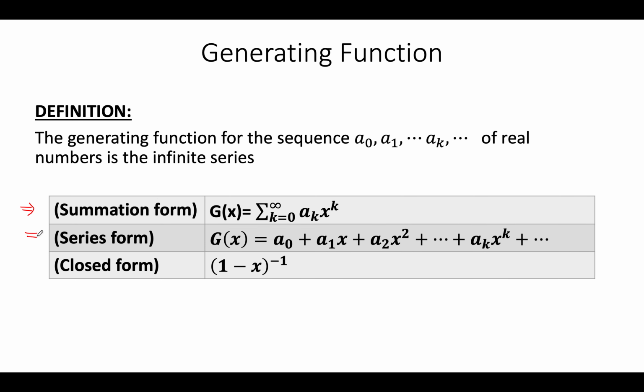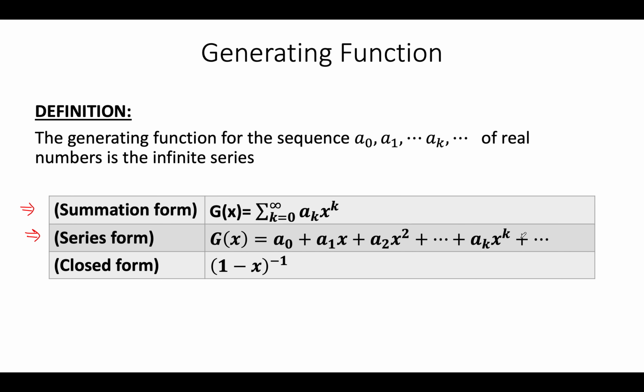The second form is called the series form, where we just substitute the value of k from here. So we start off with a0 x to the power 0. Then we go for a1 x to the power 1. Then a2 x to the power 2.